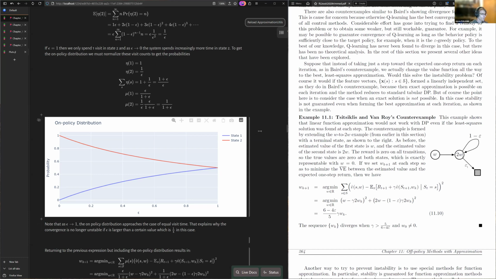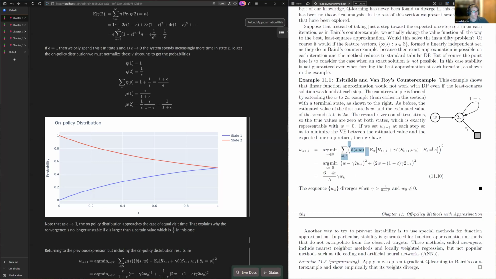So as epsilon gets larger, the true distribution gets closer to being equal, and that means this objective is not that far off, because here we're just imagining they have equal weight. That intuitively explains why, when epsilon is larger, in that case if it's greater than 1/4, these distributions are close enough that we get rid of the instability.